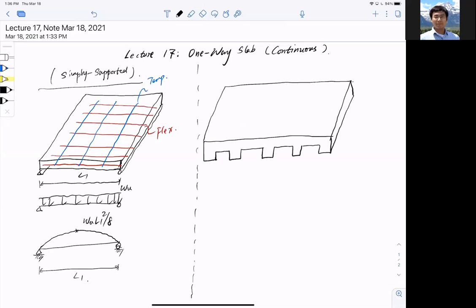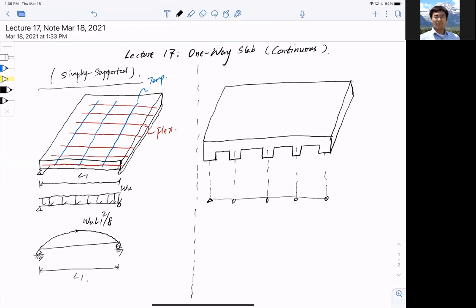Now if I draw the side view like I did here, this is the support, and I draw a straight line and apply loading here. But before I do that, I have additional supports.